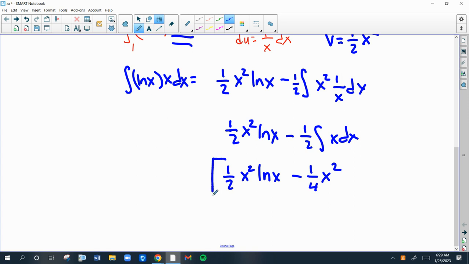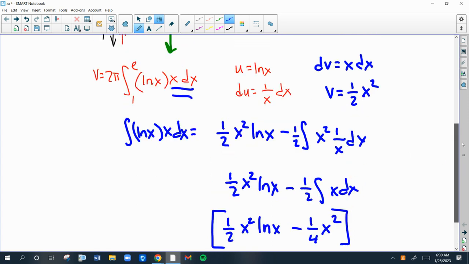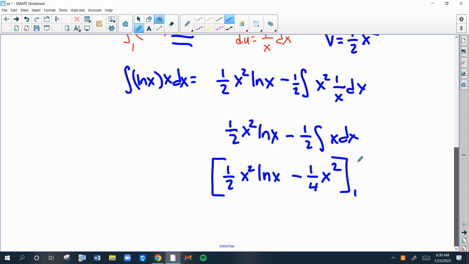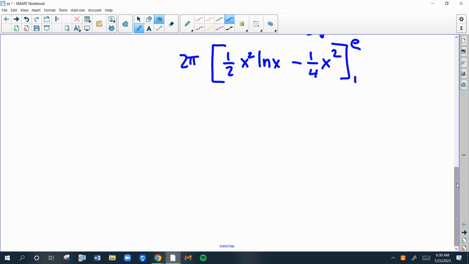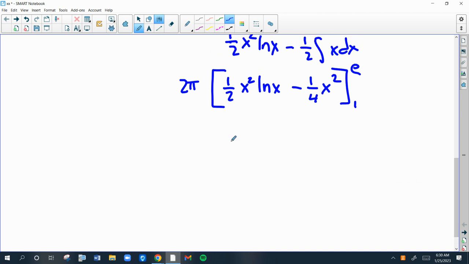It's a definite integral, so I'm going to evaluate it from 1 to e. And I can't forget that I have a 2 pi out here. So here we go. Plug in your values.